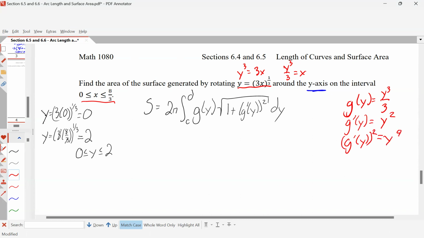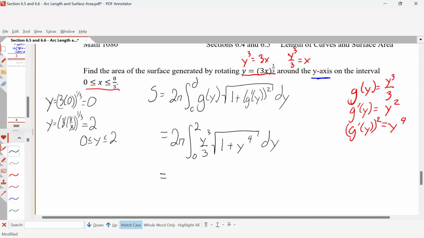So plugging all of this information into our integral formula, we get 2 pi from 0 to 2, our bounds in terms of y, times y cubed over 3 times the square root of 1 plus y to the 4th dy. Plugging in our derivative squared and our function into those places.